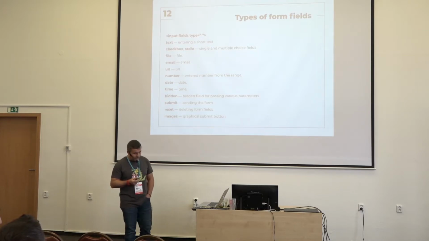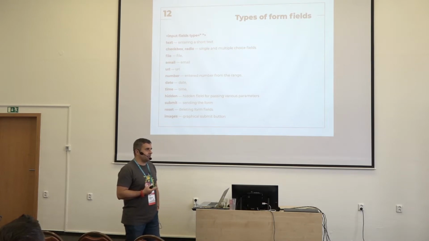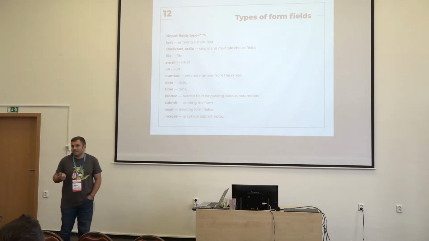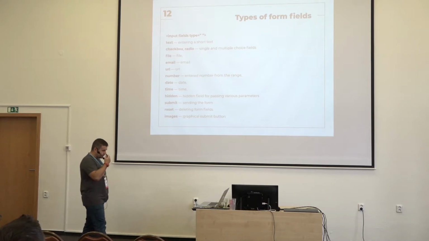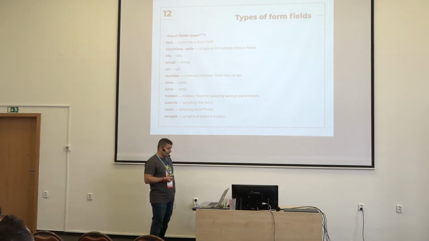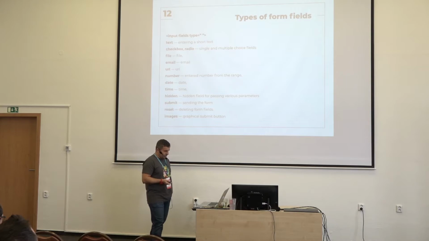Okay. And the next step is that every form has some fields. Forms don't exist without fields. So we have input fields with a lot of types. The text type is for entering a short text. Checkbox and radio are single or multiple choice fields.